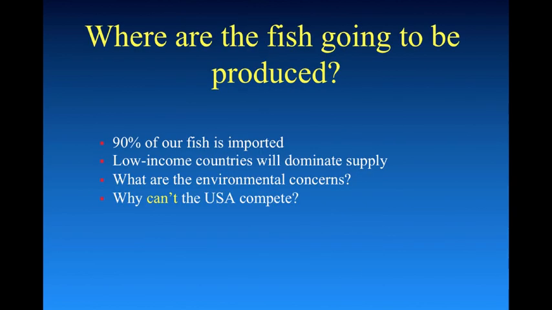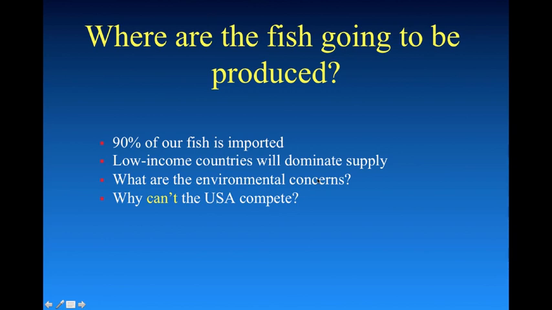Where are these fish going to come from? Well, relative to the U.S., we import almost all of our fish. Most of the supply is going to come from low-income countries, where labor and environmental regulations tend to be less stringent.